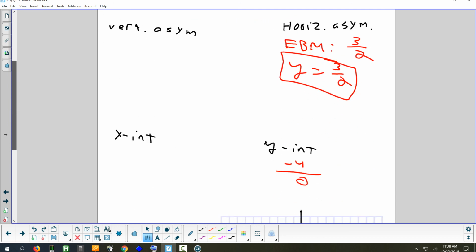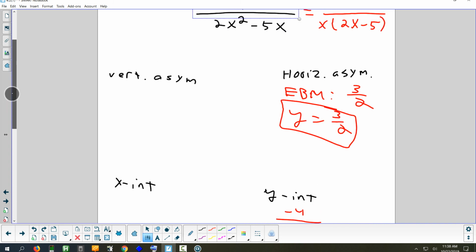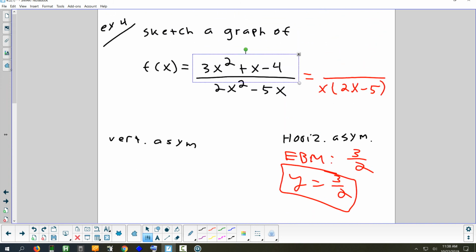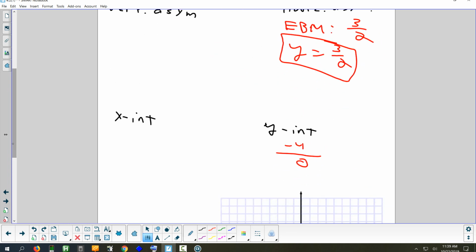So what does that mean? There is no y-intercept, because if you plug 0 into the bottom, you get 0 minus 0, which is 0. This graph will never cross the y-axis. So it's not applicable. That's not going to help us, and that's fine. We'll do everything else that we can do, and hopefully that will help us.